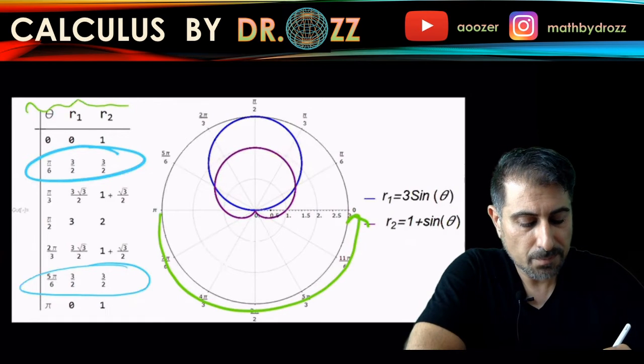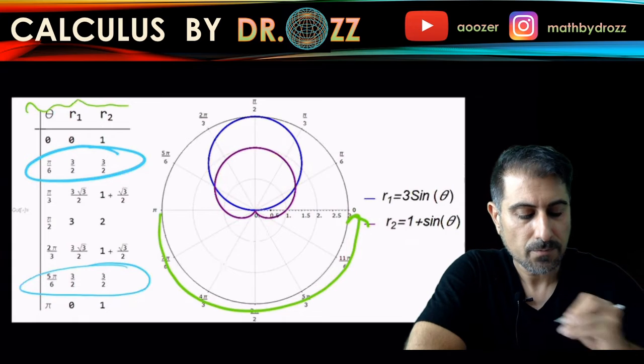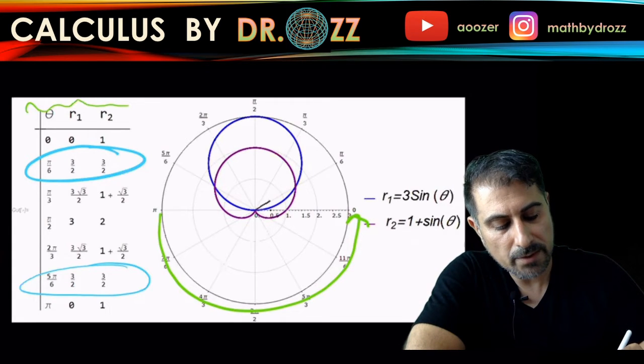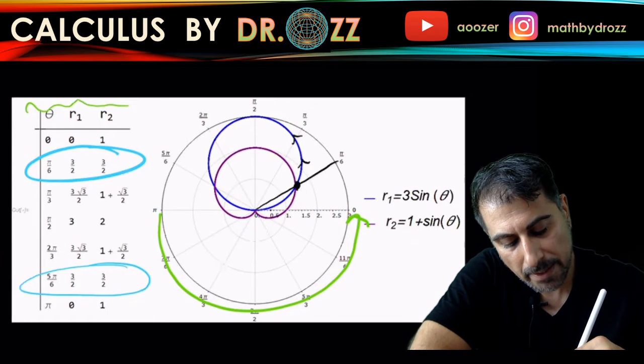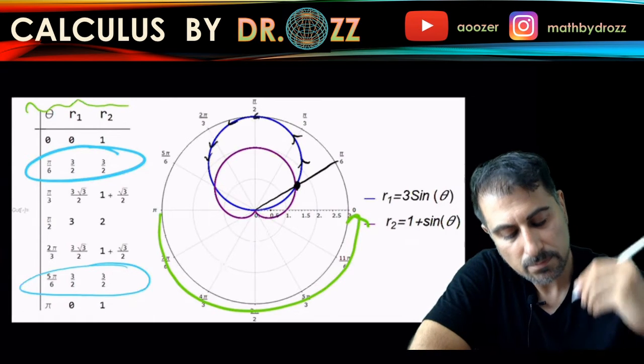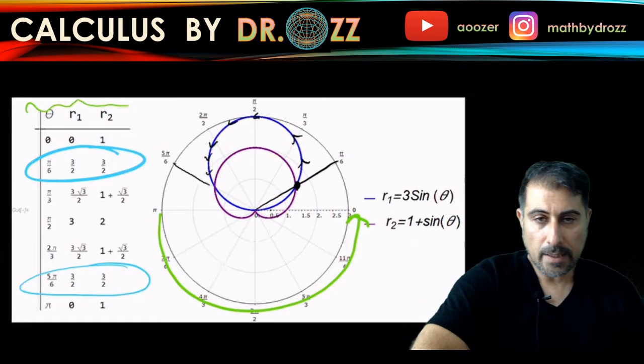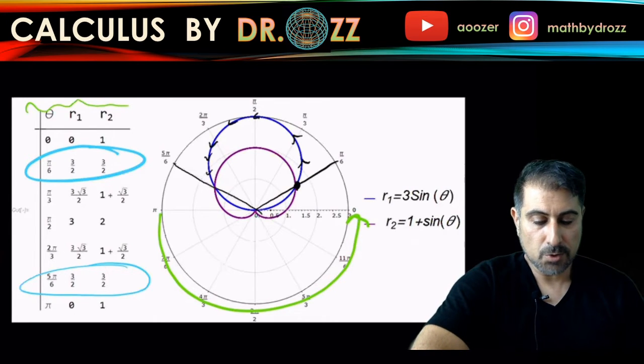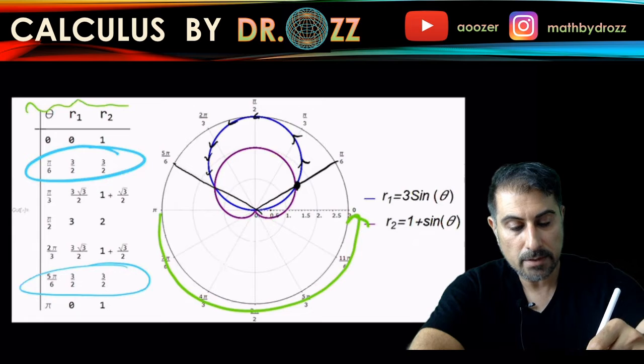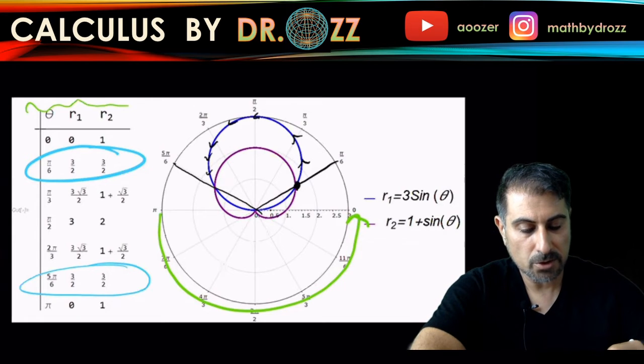Let's say I start from here and go all the way in this direction, ending up at 5 pi over 6. What kind of area do I sweep through? Well, that area is going to be the full green region here.